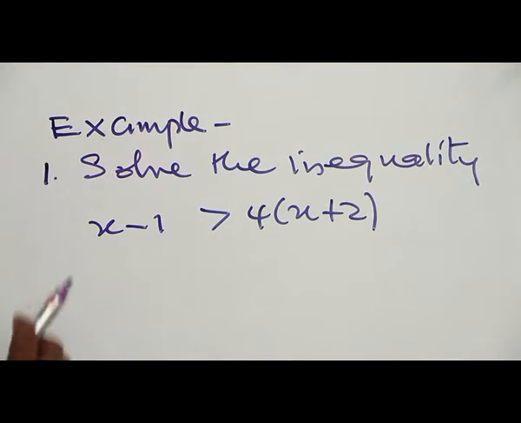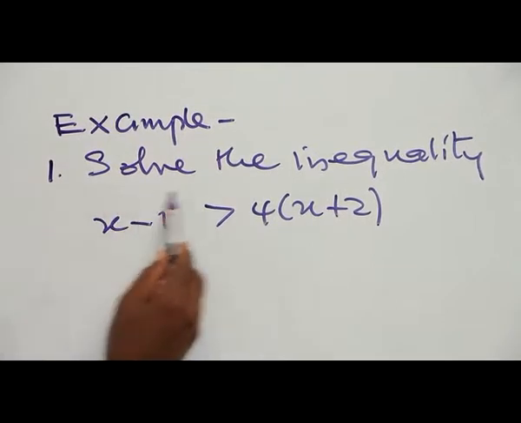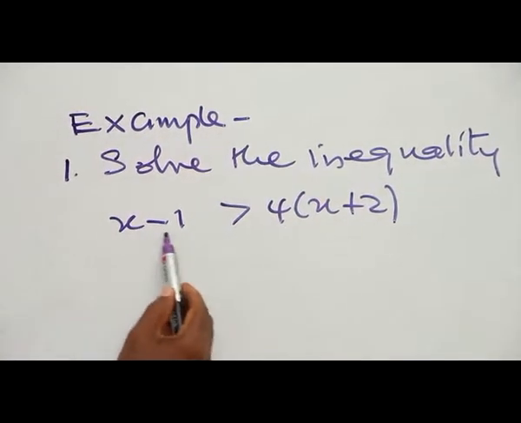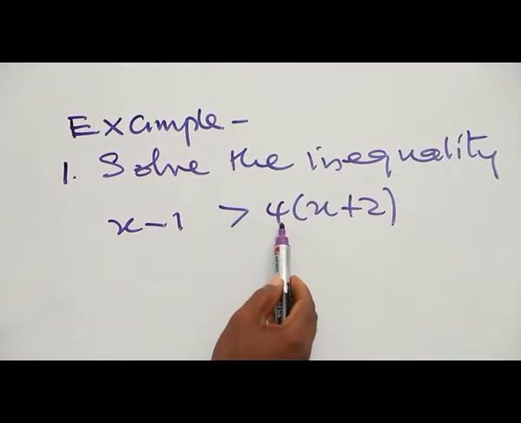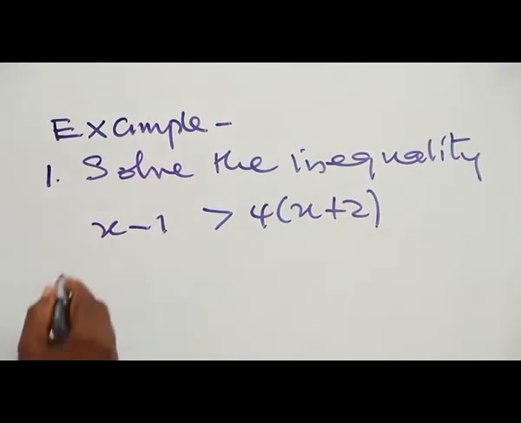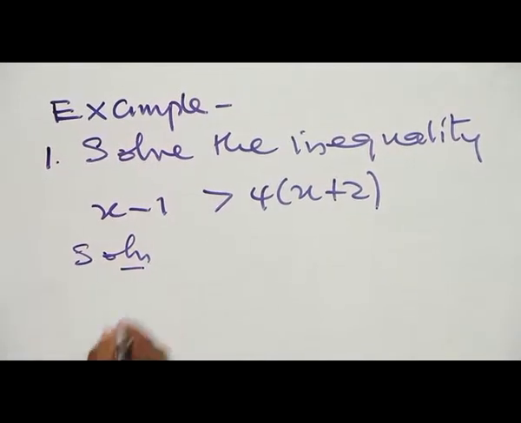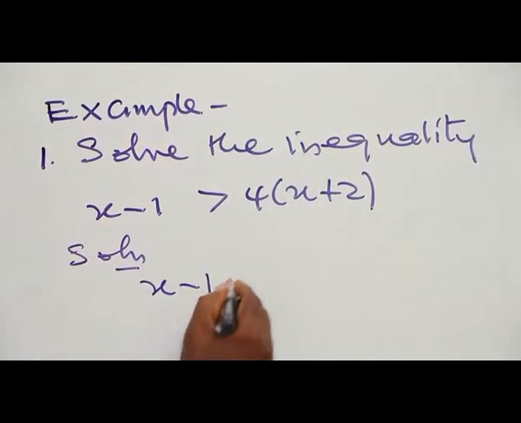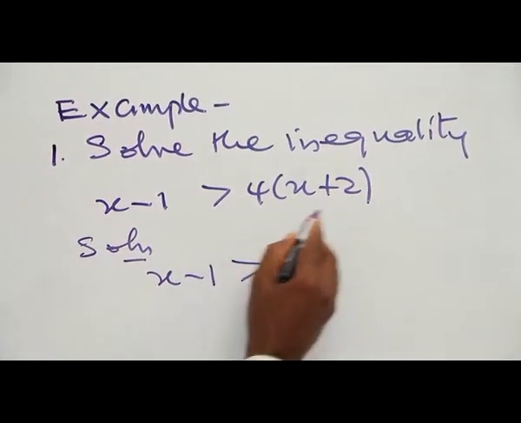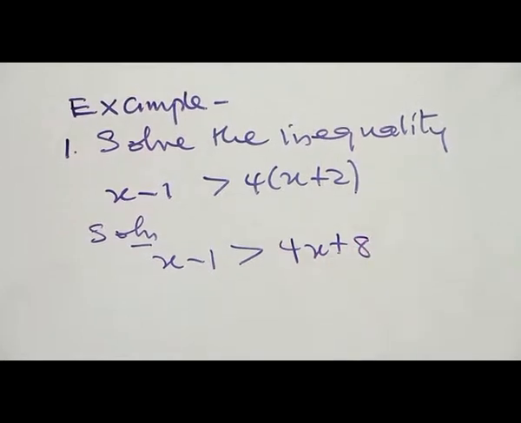Let us take the first example on linear inequality. Solve the inequality s minus 1 greater than 4 into s plus 2. Our solution, you have here s minus 1 greater than, open the bracket, that's 4s plus 8.